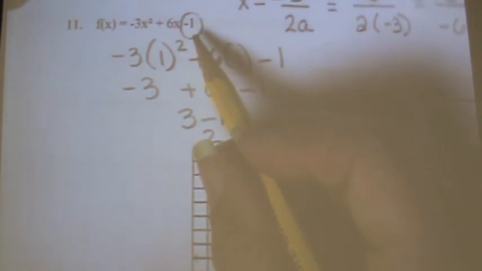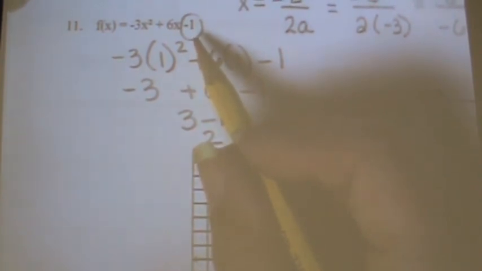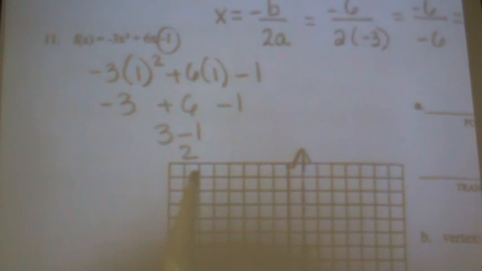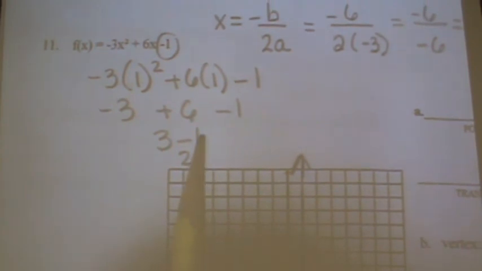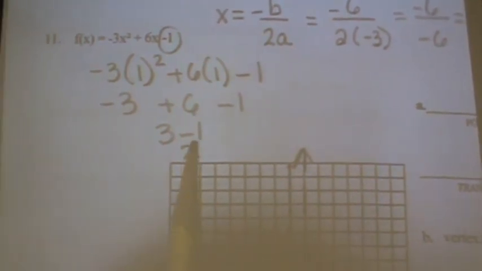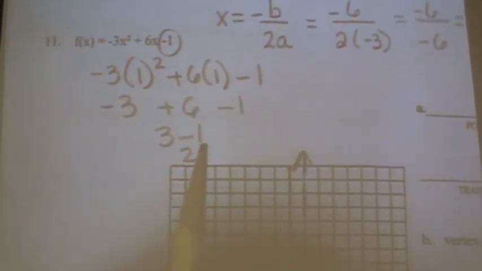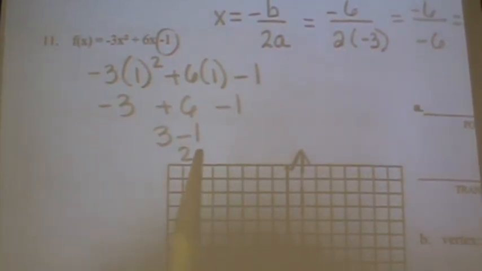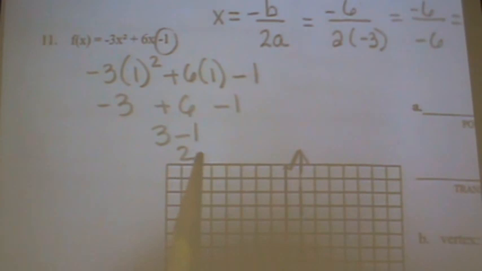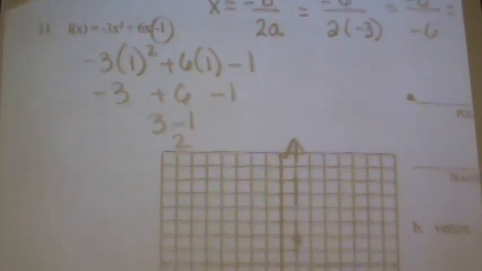How do you find the x-intercepts? You can try to factor it. You can do the quadratic formula. You can complete the square. Type it in your calculator. Do whatever you have to find out where it hits the x-axis. And then sketch a graph.